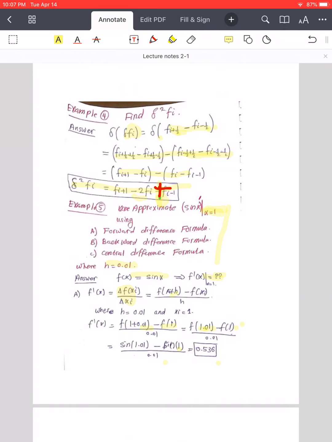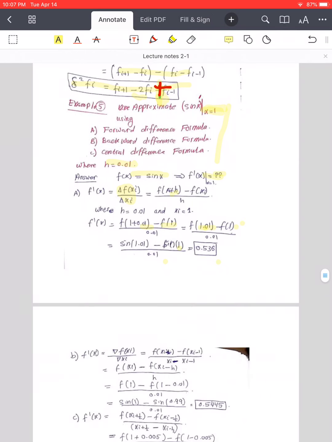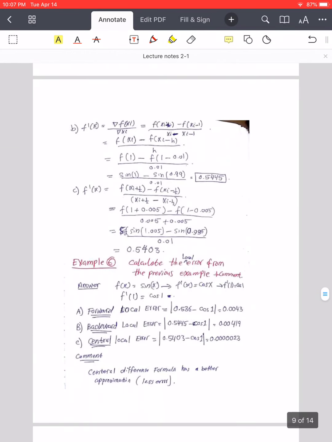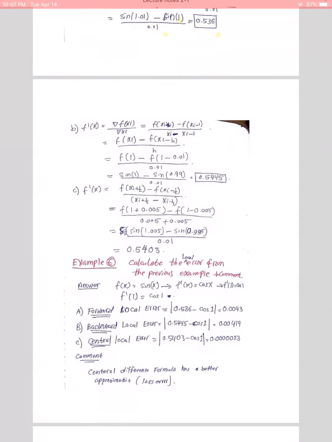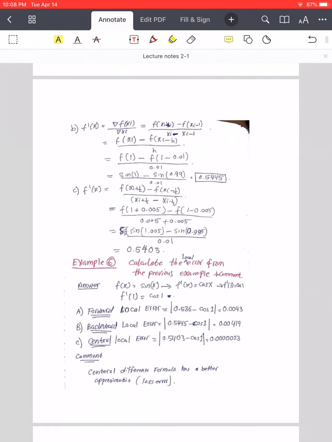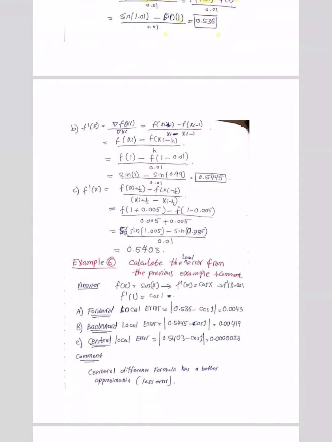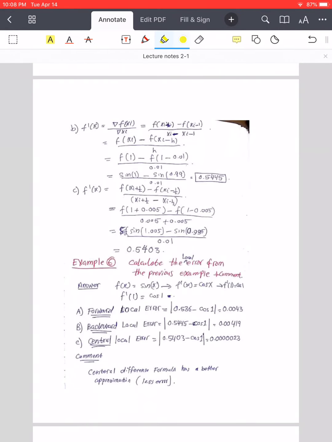Remember the error is h times something. So we repeat for backward. This is backward, the same point minus the previous one, which means at 1 minus 0.01. We divide by this, substitute as before, and here is the answer.